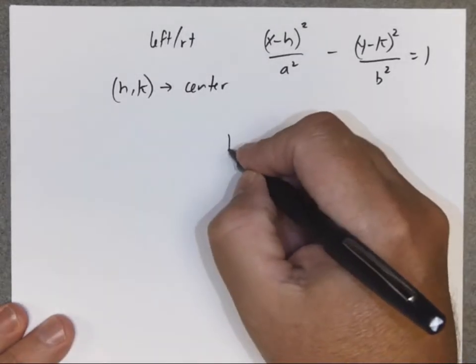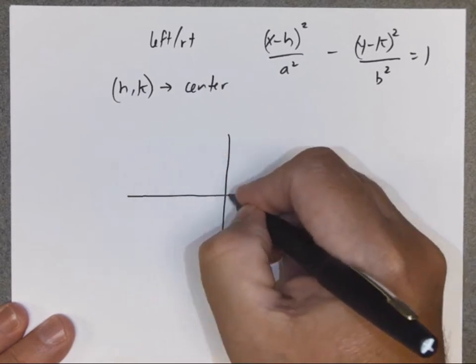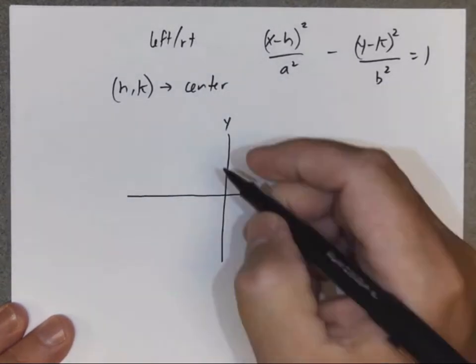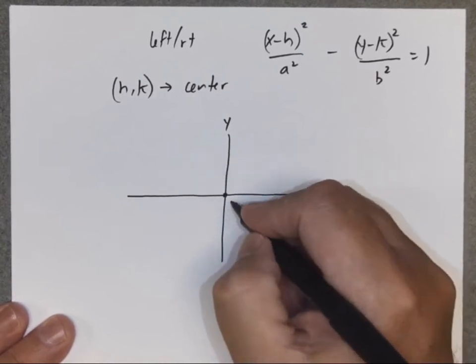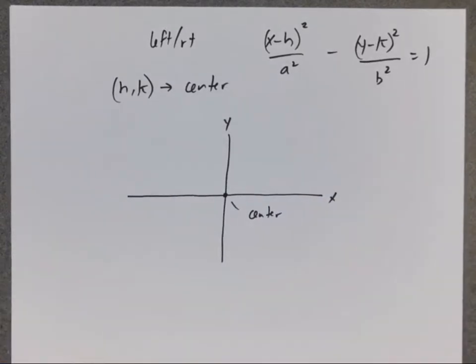So let me sketch a hyperbola, and for this example, we'll put the center of the hyperbola at the origin of the x and y axis to make it simple. So there's the center.